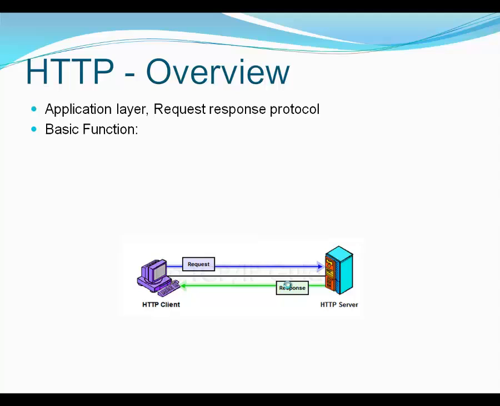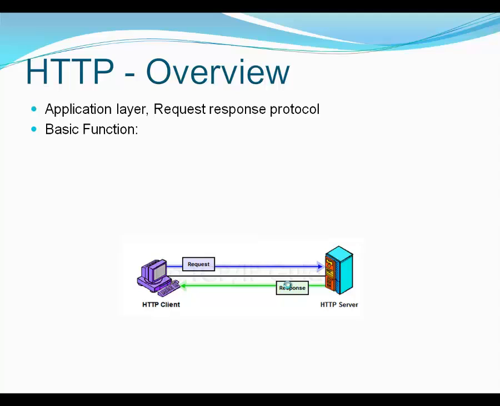As we said, it's a request-response flow protocol. It's an application layer protocol. The basic function is that when a client initiates a request, it gets a response. Now, how is the request initiated? The very first request sent is a TCP message.